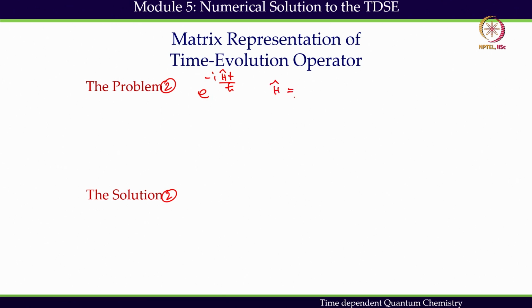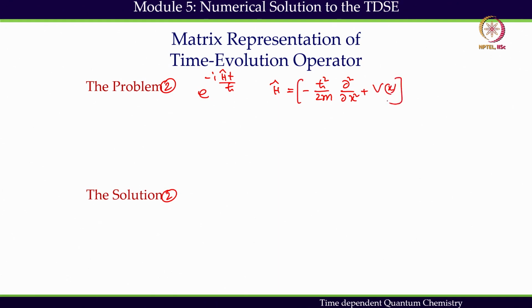The Hamiltonian operator is nothing but the summation of the kinetic energy part, which is given for a single particle one dimensional problem, plus V(x).